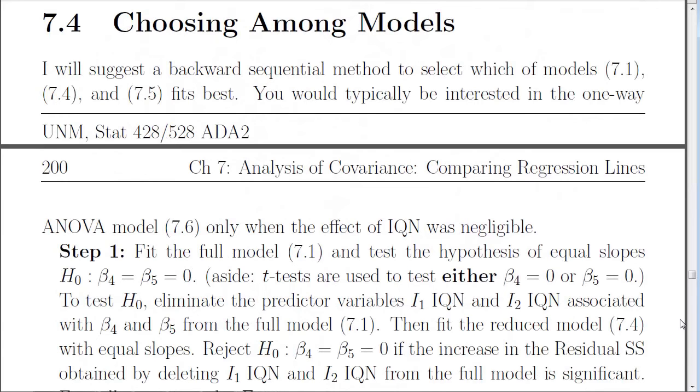And the reason I recommend backward selection is you start with the most complicated model that is reasonable, and then you do a series of hypothesis tests to simplify the model, but not make it too simple.